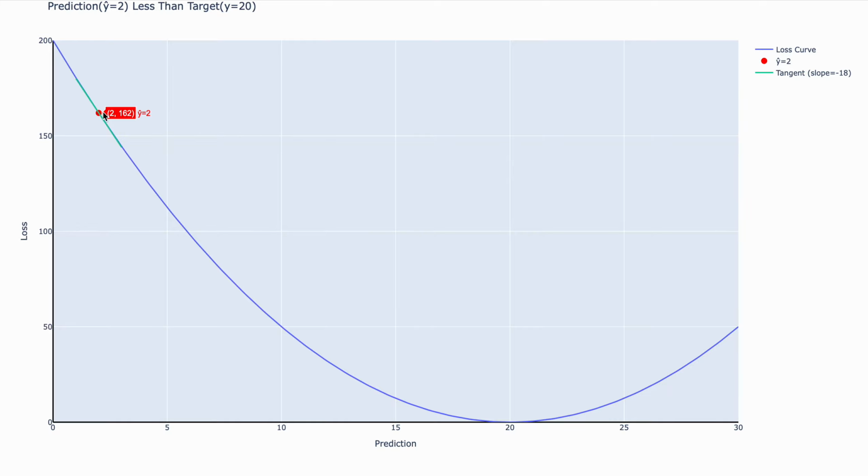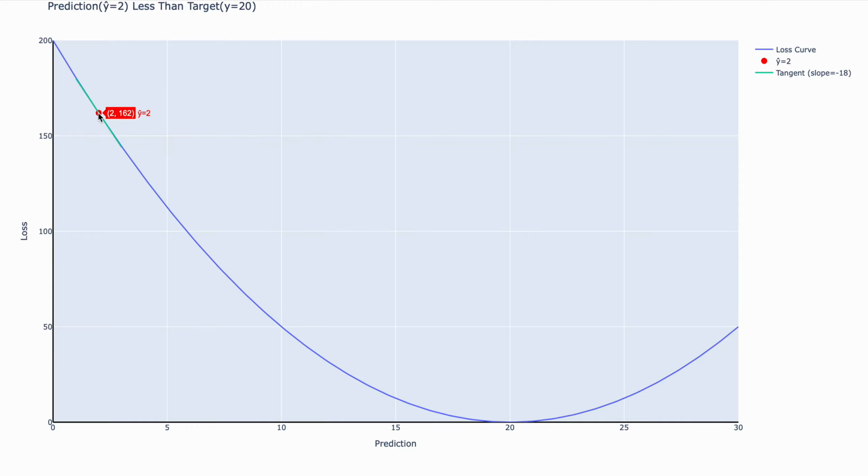So if I increase my prediction by 1, the loss changes by 1 times the gradient, or the slope of the tangent line, which is negative 18. And how did we get 144? If you look at your calculator, 162 minus 18 is 144, which means that the rate of change actually works. So if I increase my prediction by 1, the loss is going to decrease by 18.